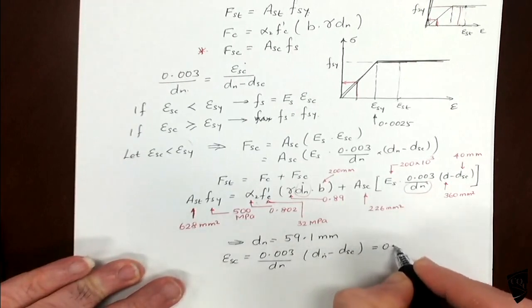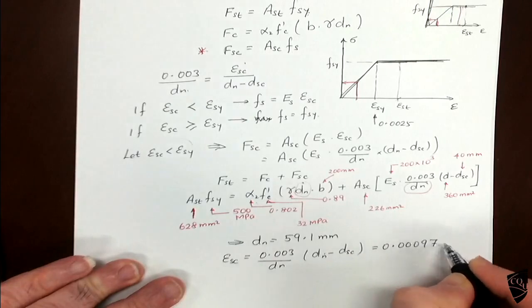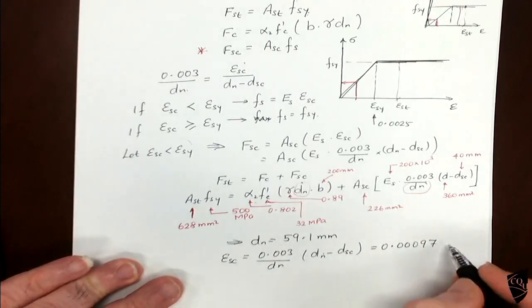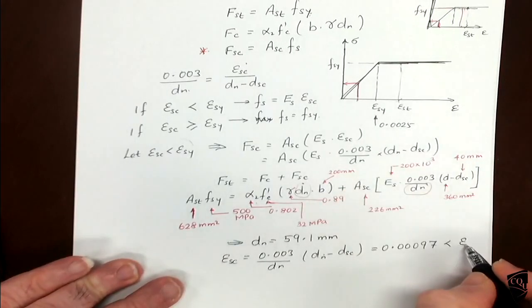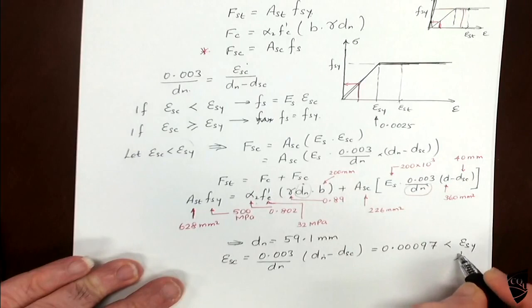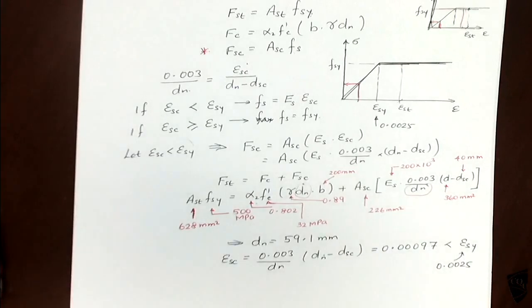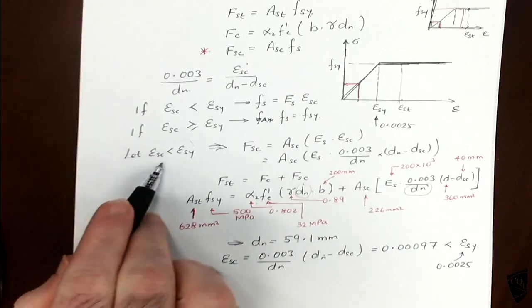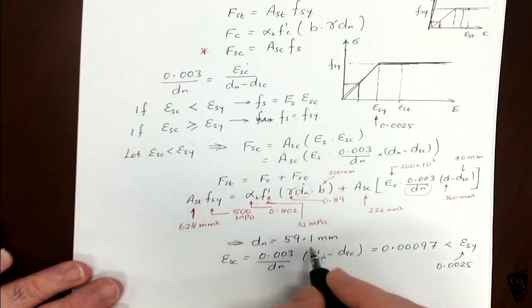If you calculate, 0.00097, so this is less than 0.0025. So our assumption is correct, so all the calculations are correct, so dn is correct.